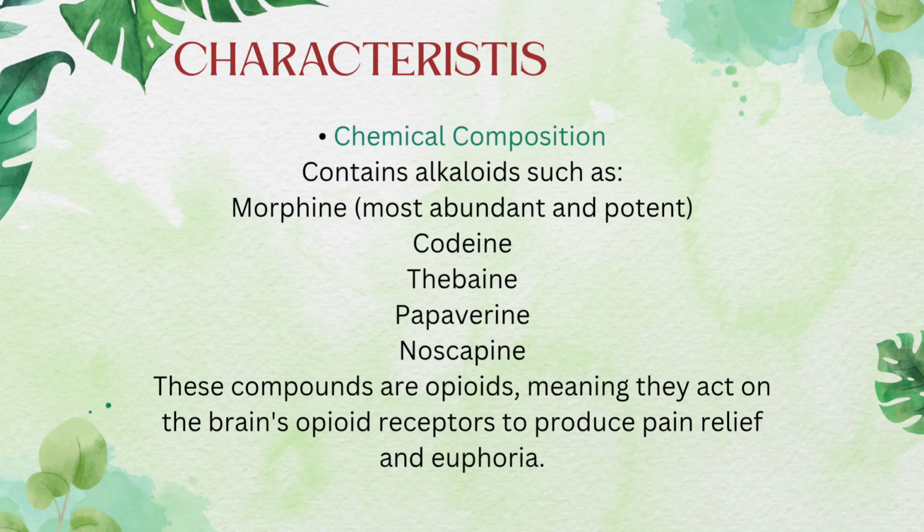Then characteristics. Chemical composition: contains alkaloids such as morphine, the most abundant and potent, then codeine, thebaine, papaverine, and noscapine. These compounds are opioids, meaning they act on the brain's opioid receptors to produce pain relief and euphoria.